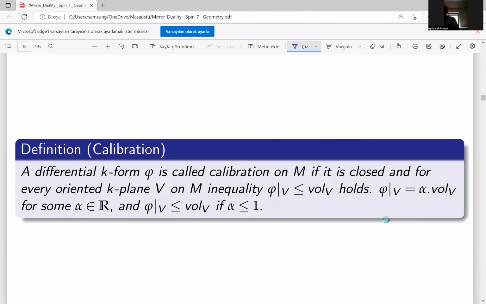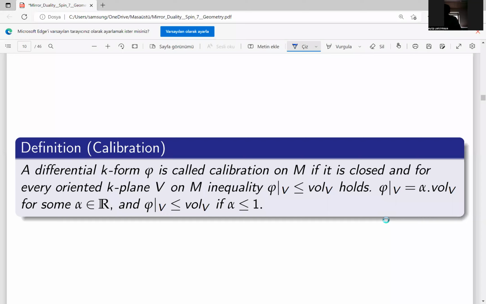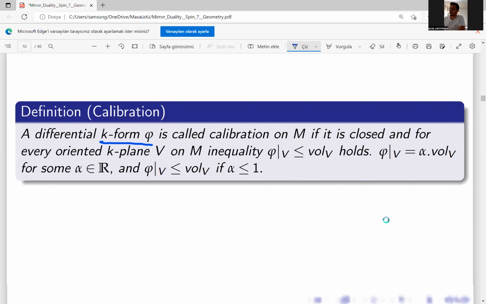And what is the meaning of the calibration? Here, the calibration is actually a differential k-form. So a differential k-form defines the calibration on your manifold.